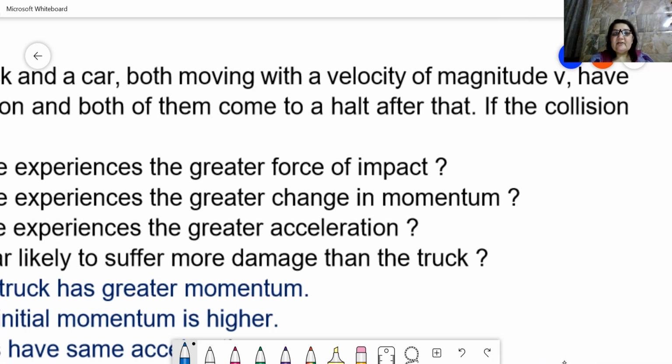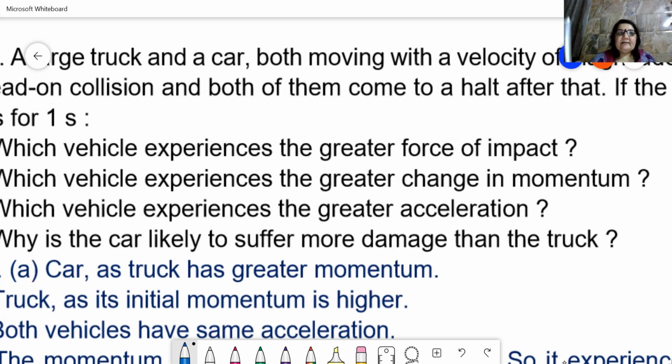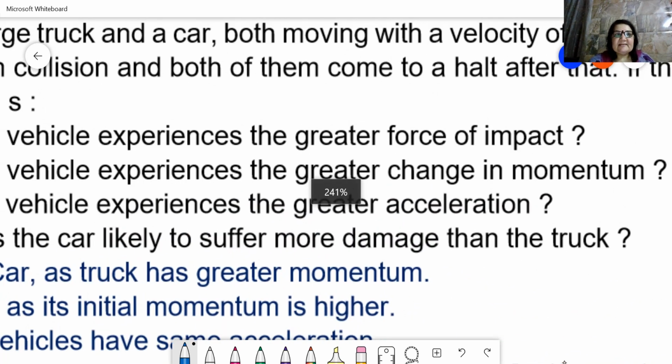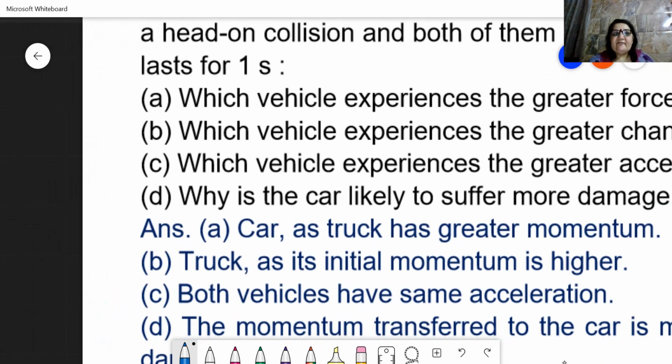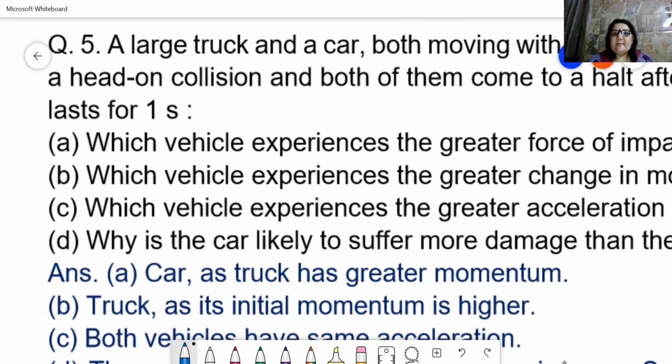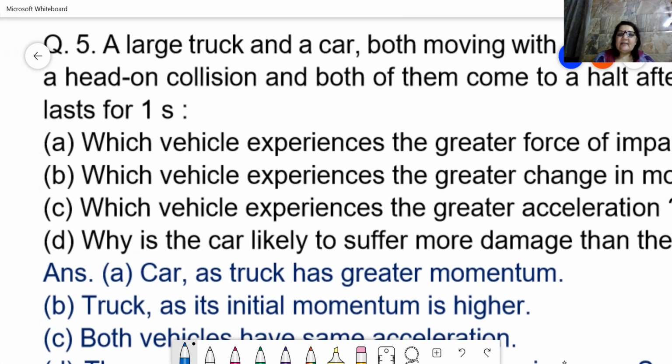There is a question number 5 also, which is actually not in your exercise nowadays, but it is a very important question for examination purpose, so I have taken it. Question number 5 was in earlier books, but I think the new NCERT book has not taken this question, but I want to discuss it. It's a very good question.